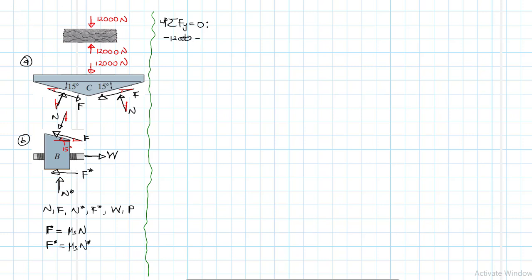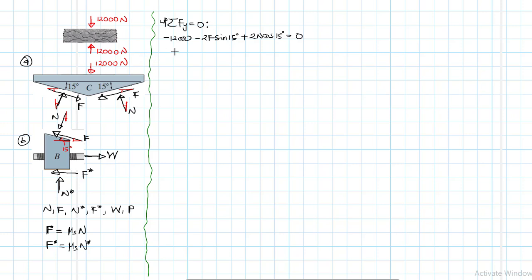So minus 12,000, I've converted to newtons. Initially it was 12 kilonewtons. Minus 12,000, then minus, we have two F's that will have the same value, and I'm on free body diagram A. There are two F's and they are both negative, so sine 15, and then plus N, there are also 2, they are positive, so 2N cos 15 degrees equal to 0.